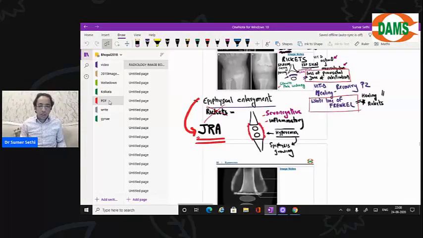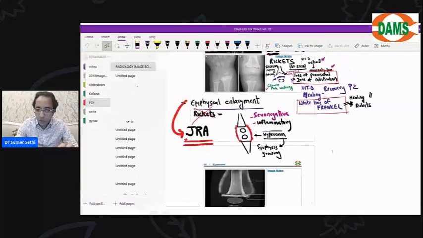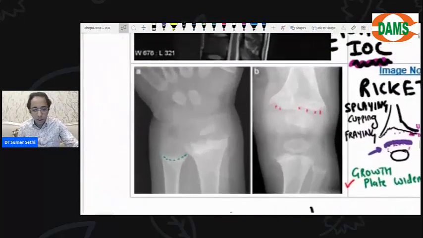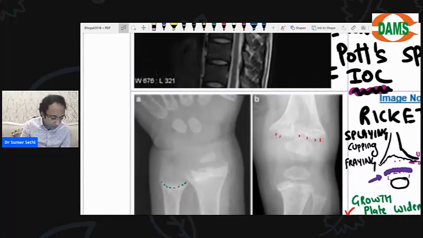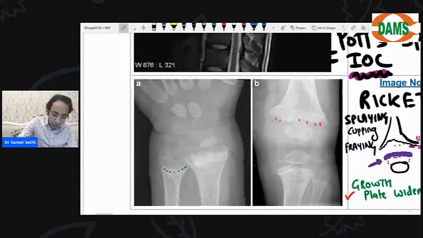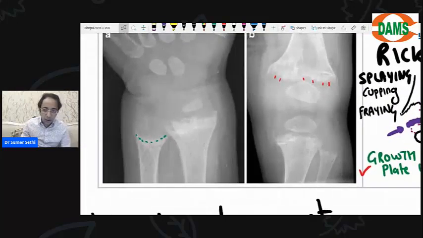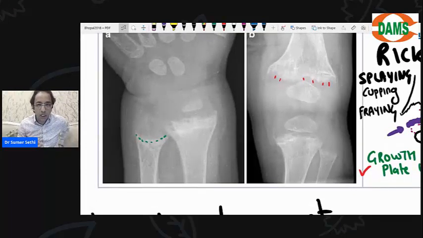Okay, so yesterday in my last class, we were discussing rickets. Do you remember that rickets has growth plate widening?